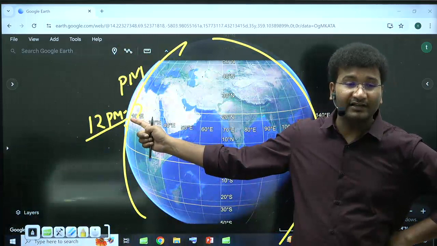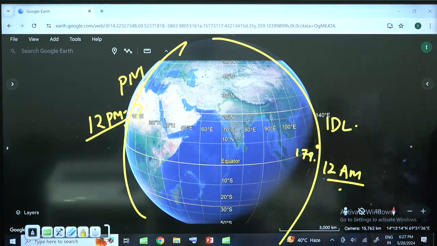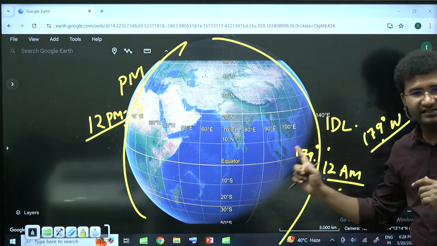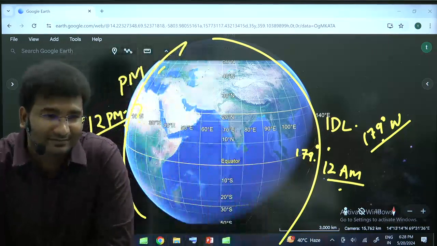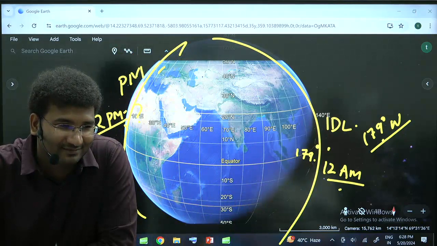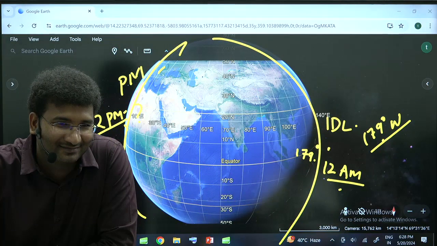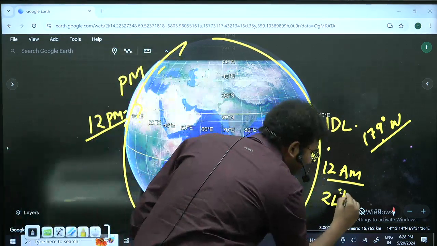Now what will be the time on the other side? Just 179 degrees west. I told you this is 12 a.m. Now what is the time on the 179 degrees west? I'll call this 12 a.m. on 24th. What is today's date?